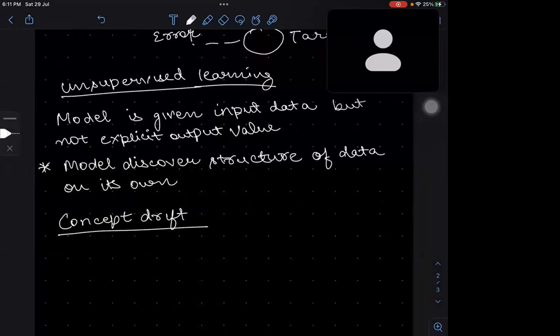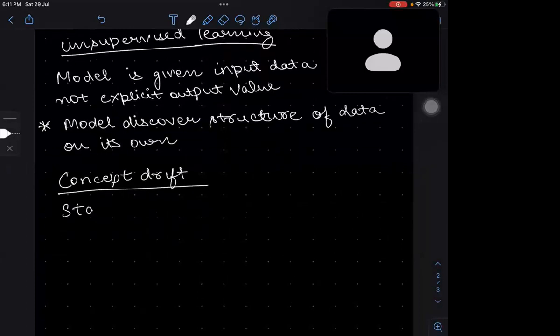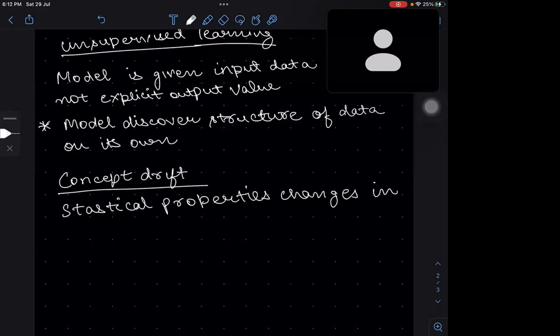Sometimes the statistical properties change over time, or I can say the input distribution also gets changed. Suppose, let me take an example and explain.